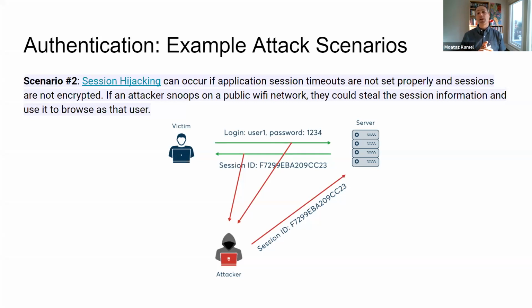If you're on a public Wi-Fi, anybody can listen to the traffic going by. If your application doesn't use encryption, or you're not using something like a VPN, then anybody can see the traffic going by on that Wi-Fi network.